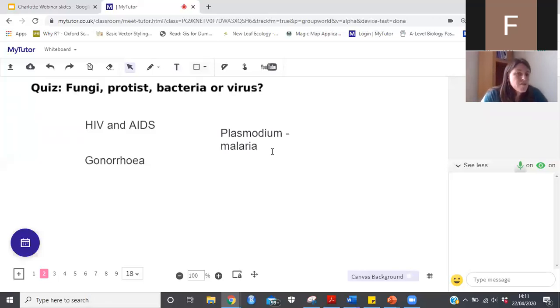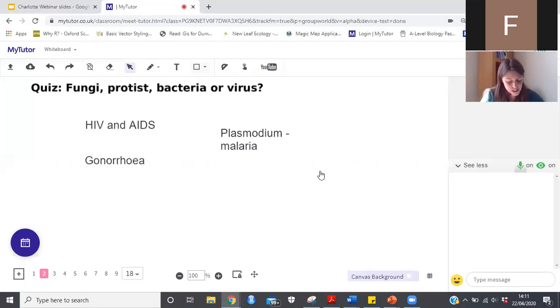Is that caused by a fungi, protist, bacteria, or virus? Protist. Very good. Fantastic, yes, protist is correct.